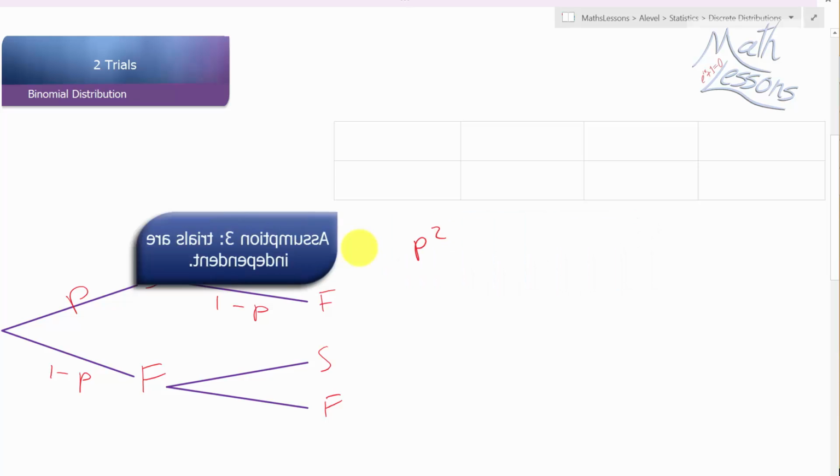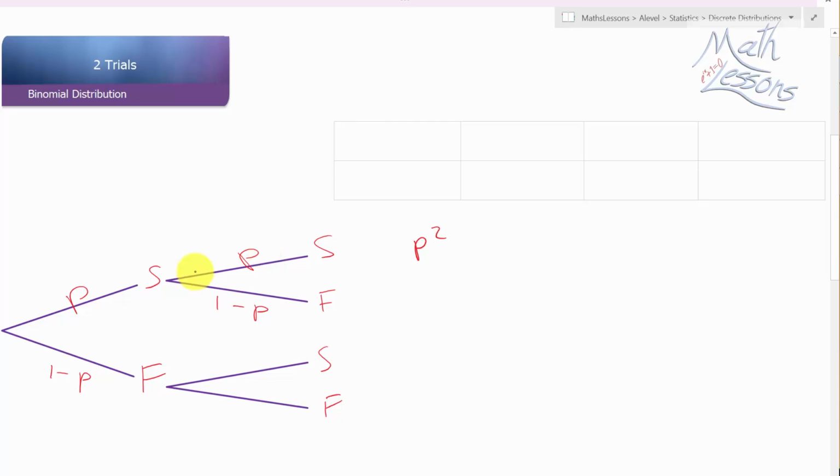And there's just one way we can get two successes. So I'm going to write down the number of successes here as being 2. So the number of successes is 2, and its probability was p squared. Now here we've got success followed by failure, so the number of successes we had here was 1, and the probability is going to be p times 1 minus p.